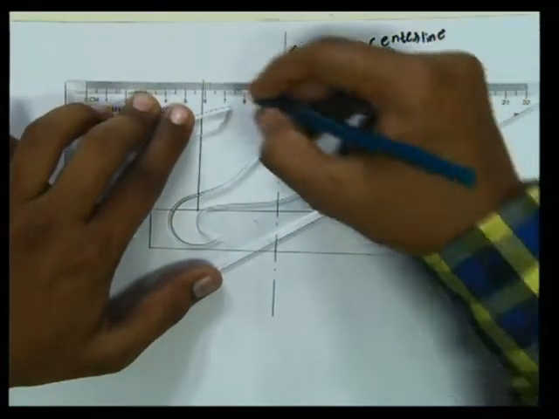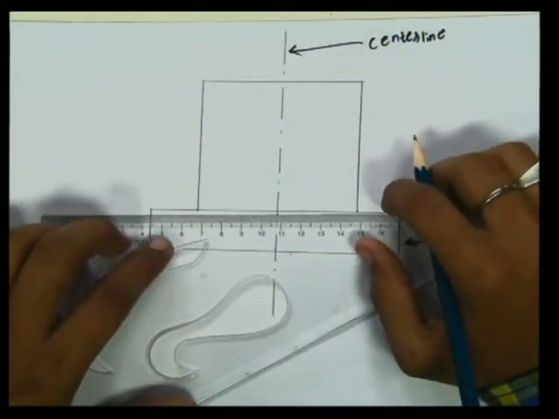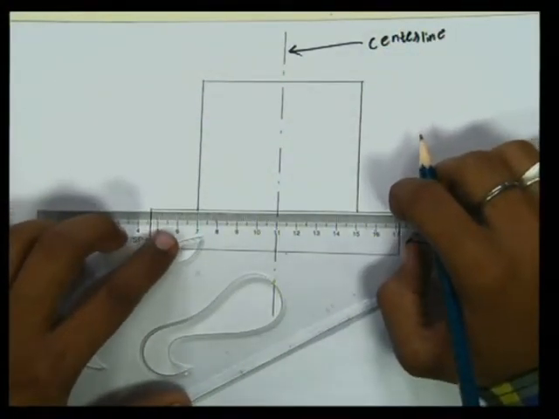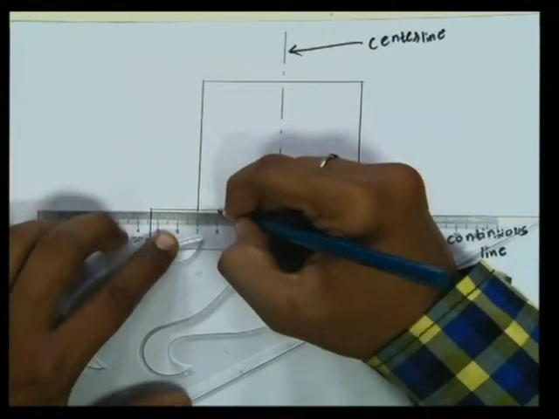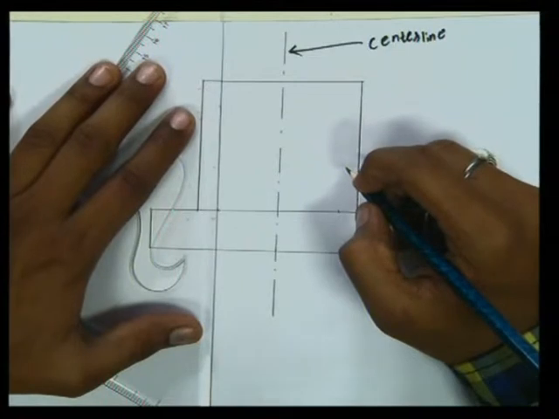Again, these lines are continuous lines, in which this is a hollow circle, as I told you, and we need to put the hidden line.